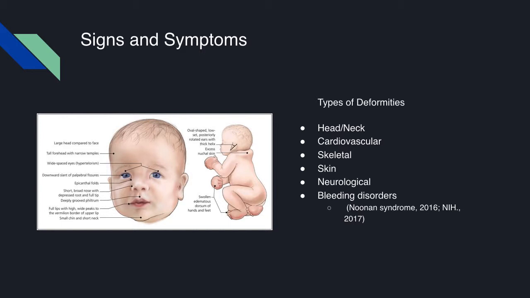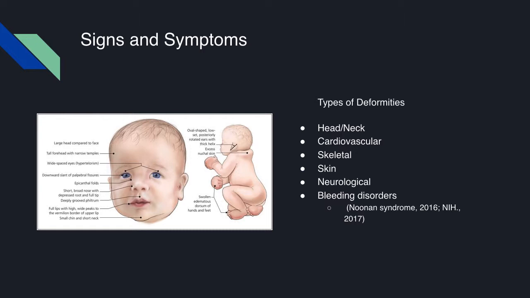The general signs and symptoms of Noonan syndrome are more obvious early in life and become less obvious as the individual gets older. To identify some of these individuals who have the disorder, we have facial deformities, we have head and neck deformities, we have cardiovascular, skin deformities, skeletal deformities, neurological deformities, bleeding disorders as well.